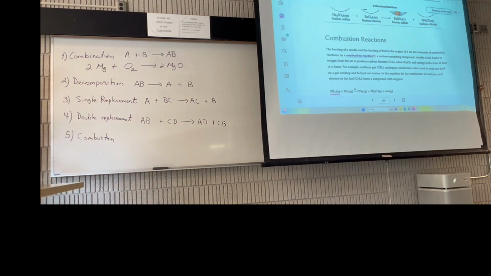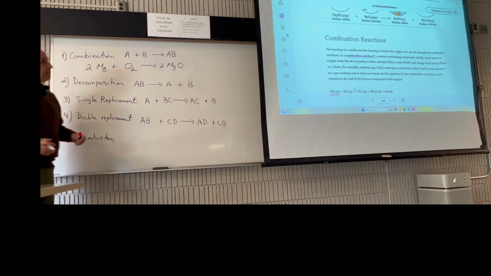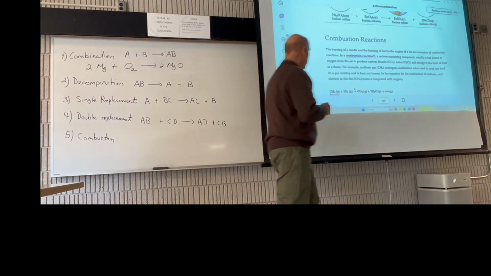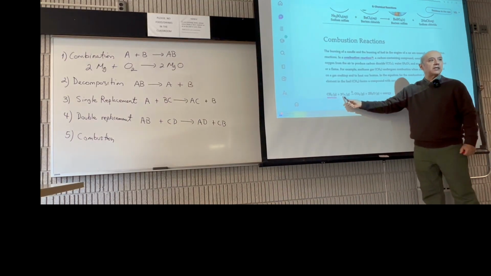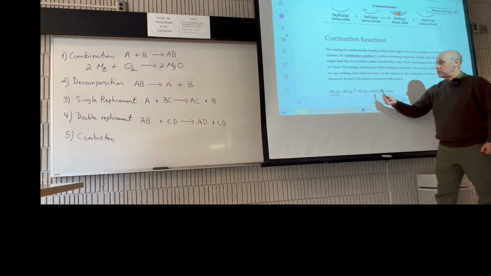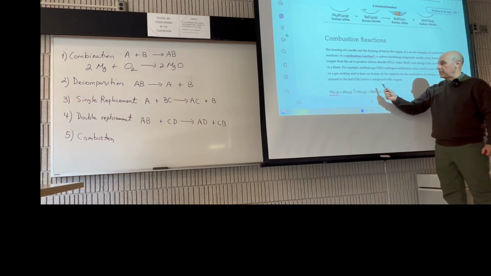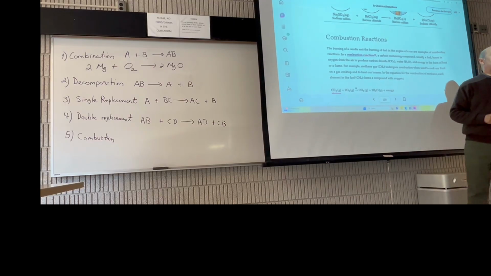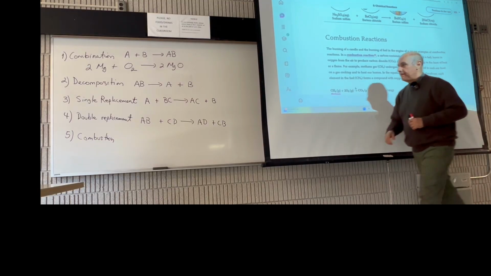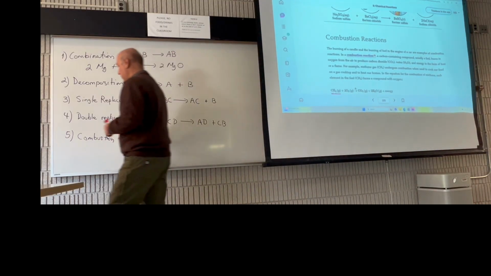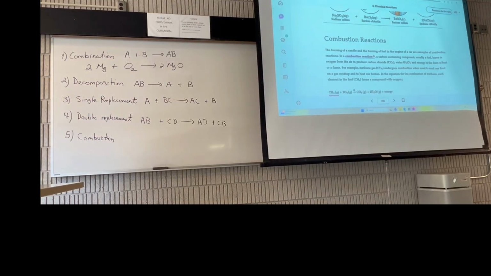And it is perhaps the easiest to recognize because it's always going to have oxygen as one of the reactants, and it's always going to have carbon dioxide and water as the products. So we saw that last week. That's the last type of chemical equation that we will see.